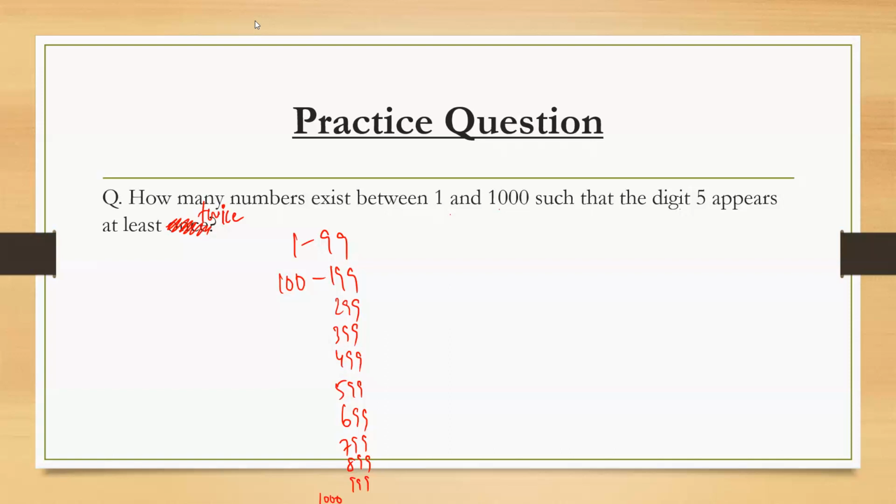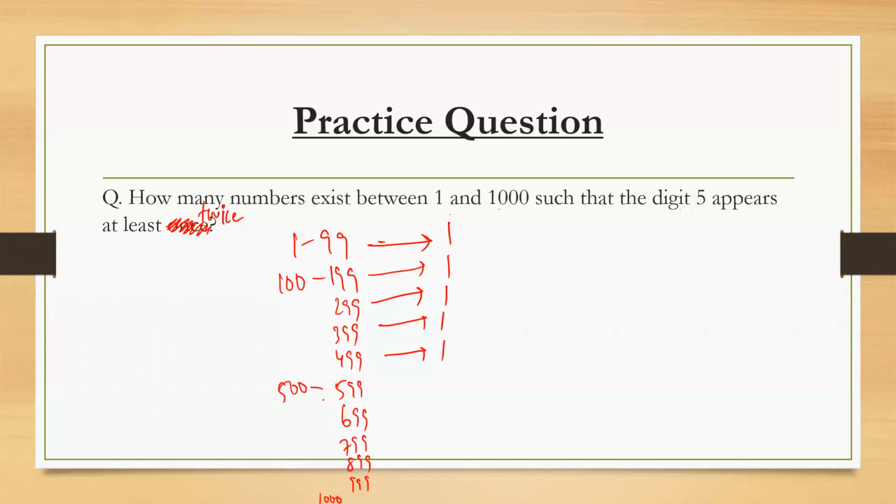It's only 29. Okay. What about Dinesh? What do you think? 28. Okay. All right. So here, let's see. Here it will be what? What will be that number? 55. We know, right? So one such number is there. Okay. Here 155. One such number. 255. One. Here one. Here one.